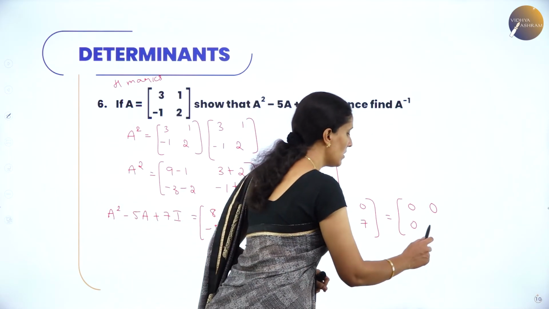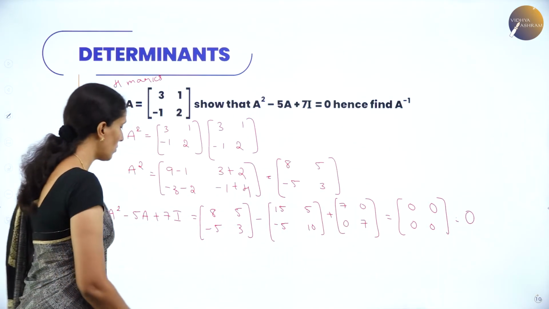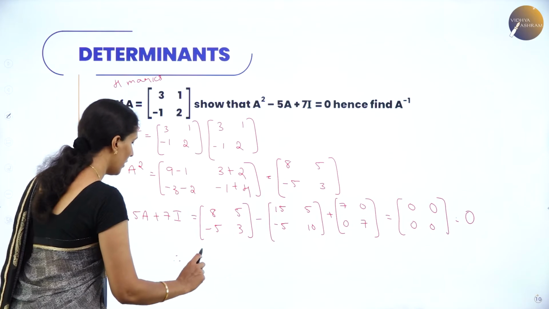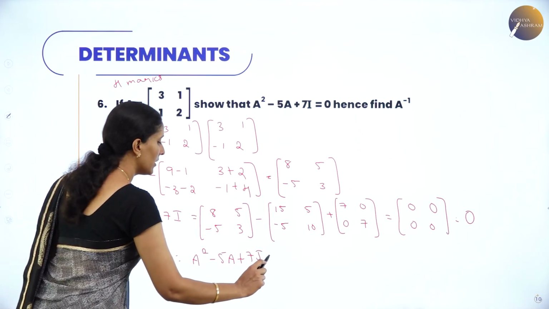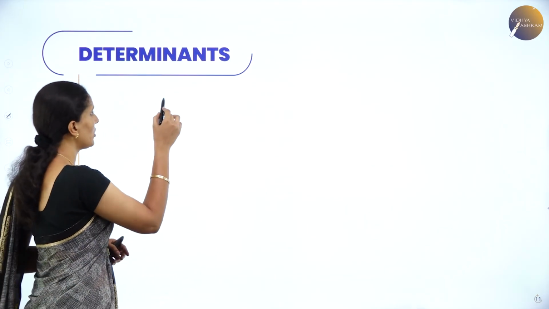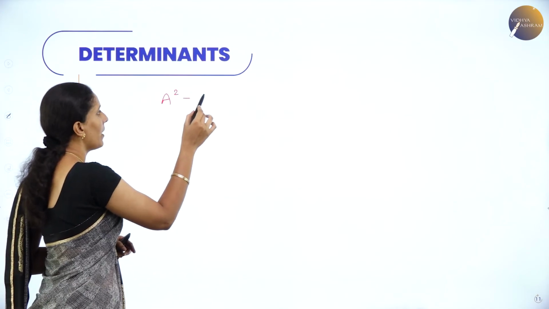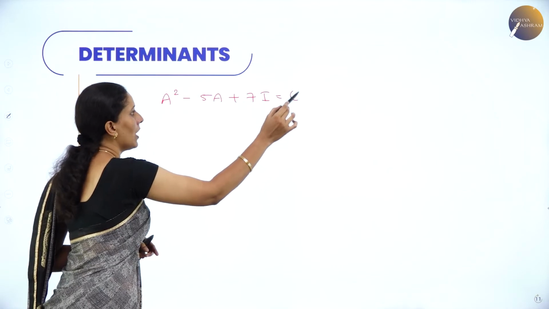Minus 7 plus 7, 0. So clearly we got the equation as O. Therefore, A square minus 5A plus 7I is equal to the null matrix. So now we have shown that the equation is equal to a null matrix.